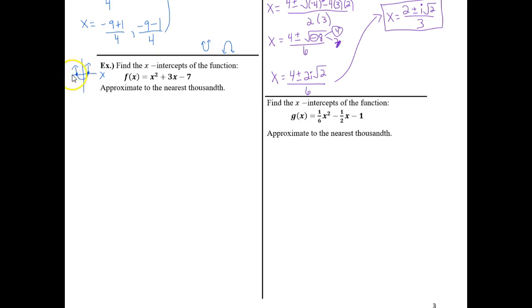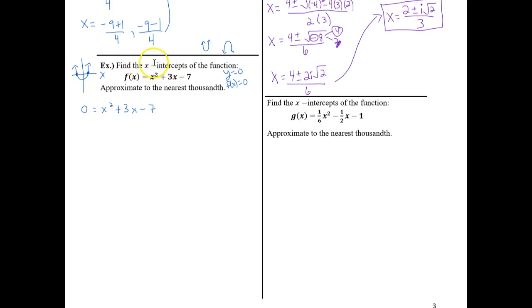And right there at the origin, or at the x-axis, the value of y is 0. So to find an x-intercept, we have to let y equal 0. When it's in function notation, that means when f of x equals 0. So we have to solve the equation 0 equals x squared plus 3x minus 7.